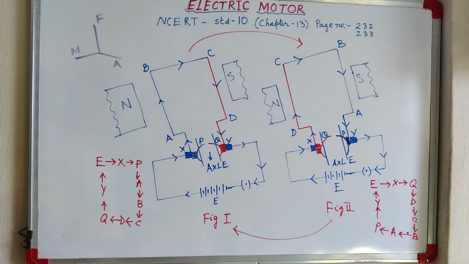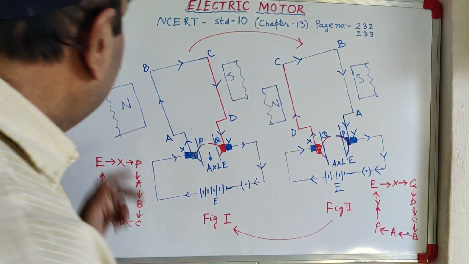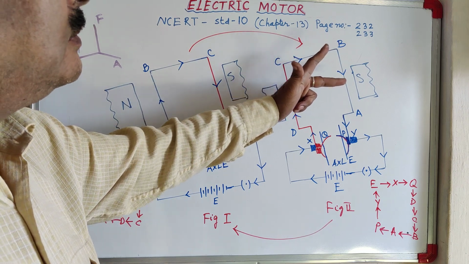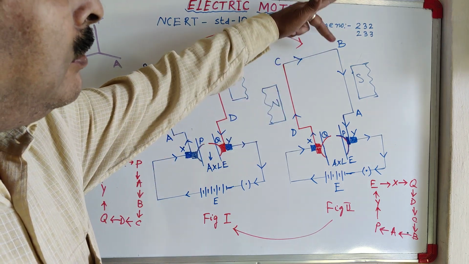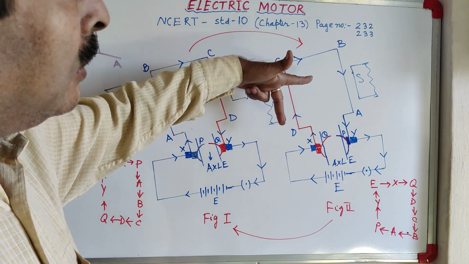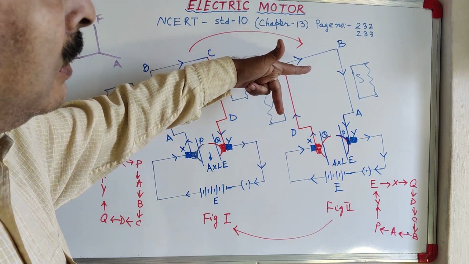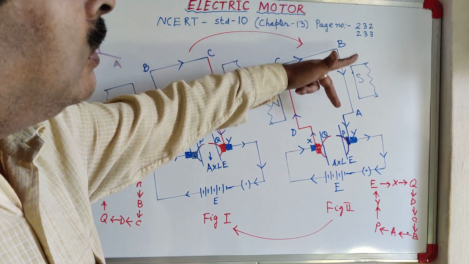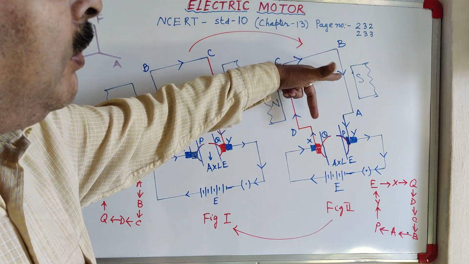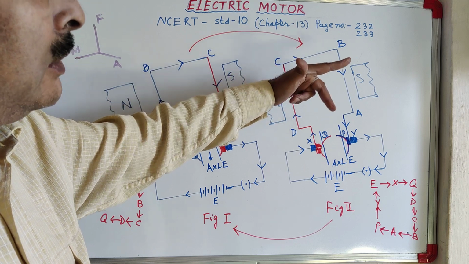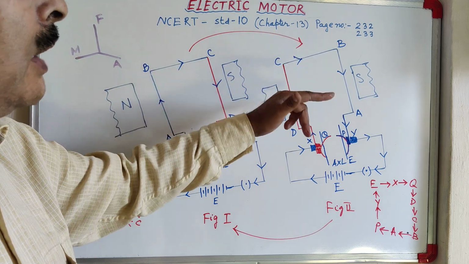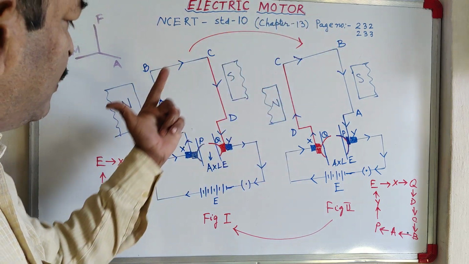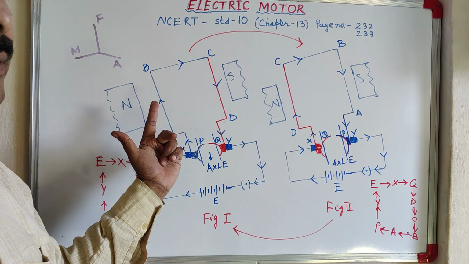In the second figure position, again if you apply Fleming's left-hand rule, the magnetic field is north to south, the current direction is B to A, so AB is going to turn above the board and CD going to turn below the board. And AB will come to the first figure.